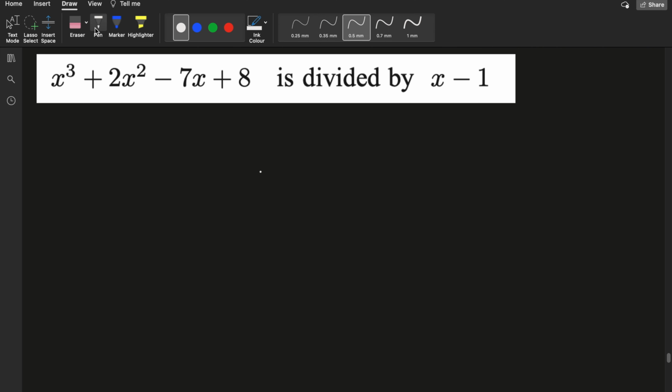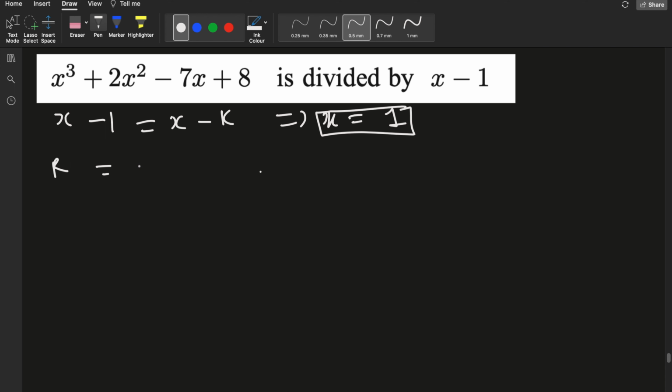The divisor is x minus 1, which is in the form x minus k, which implies that k equals 1. So in order to find the remainder, we need to find f of 1. Let this be f of x equals this. So r would be f of 1. Let's substitute the value of 1 into the polynomial given.